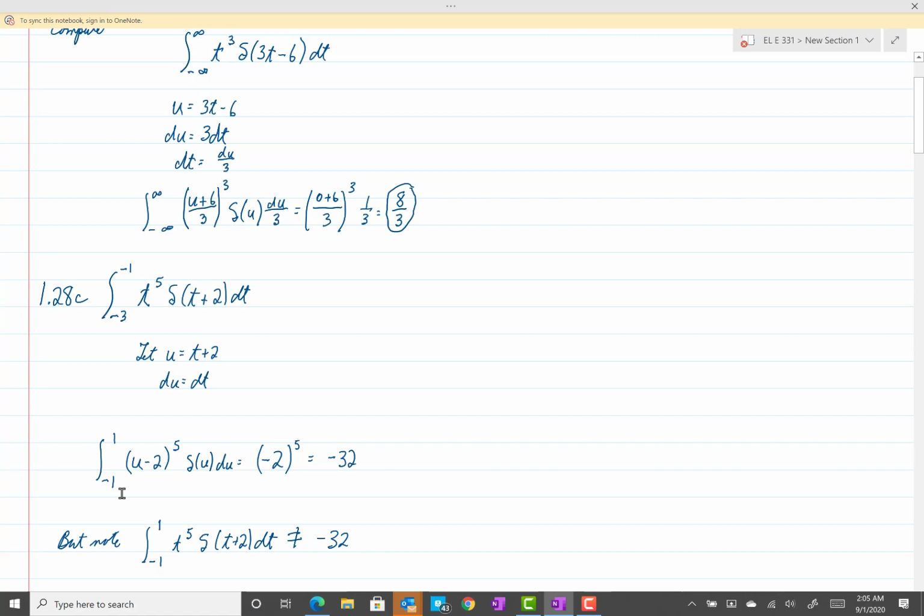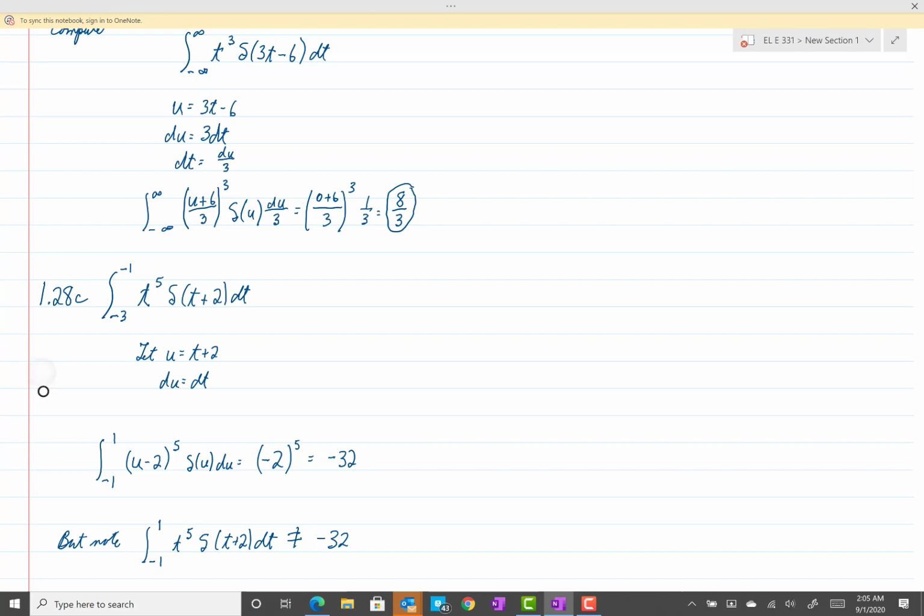And so, therefore, the value of the integral is simply equal to the integrand with the delta function taken away, evaluated at u equals 0. And so when we evaluate this at u equals 0, we get -2, which is 0 minus 2. So we have -2 to the 5th power, or -32.